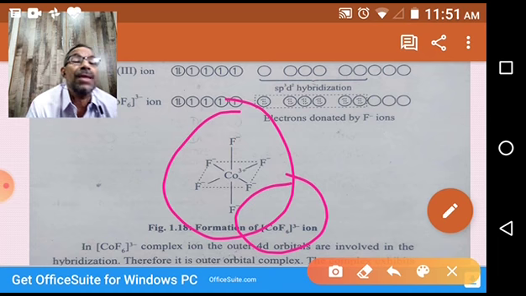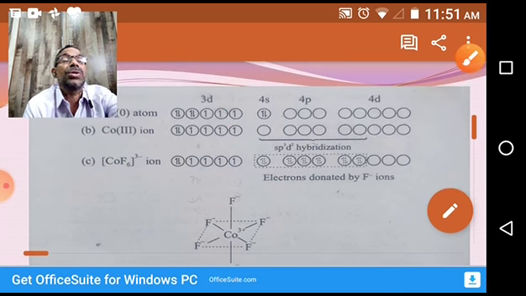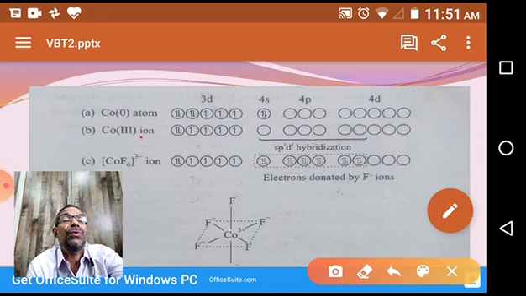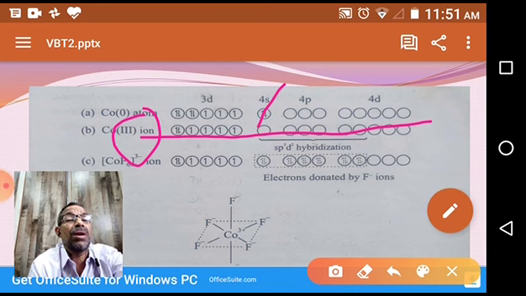So in this complex, cobalt is in the plus 3 state. Let us explain. You know that cobalt in the ground state, 27, has the electronic configuration 4s2 3d7. To exhibit plus 3, it has to lose 2 electrons from 4s and 1 electron from 3d.